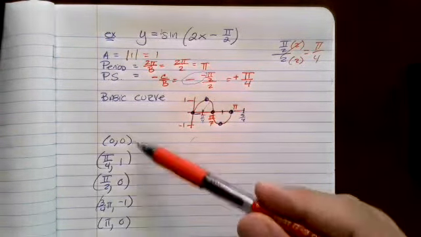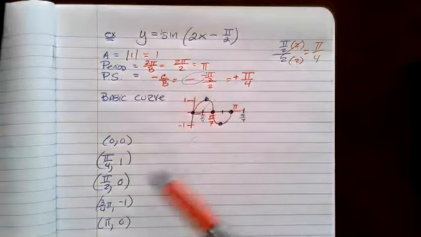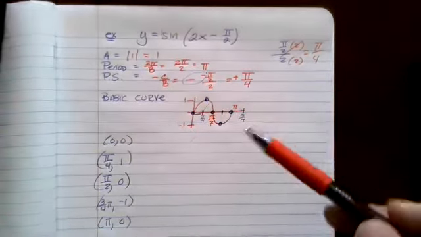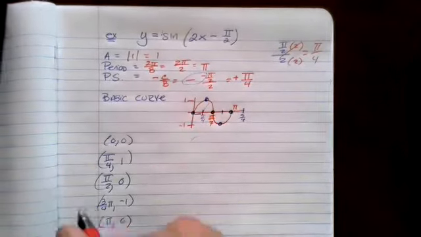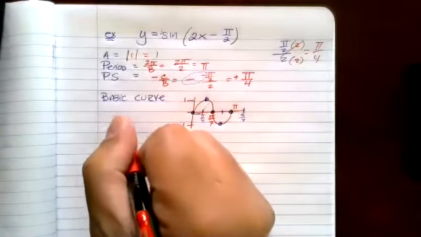Right, so this is currently our 5 points, 1, 2, 3, 4, 5. And what we want to do, since we have a phase shift of 1/4, we're going to add 1/4 to all the x values.